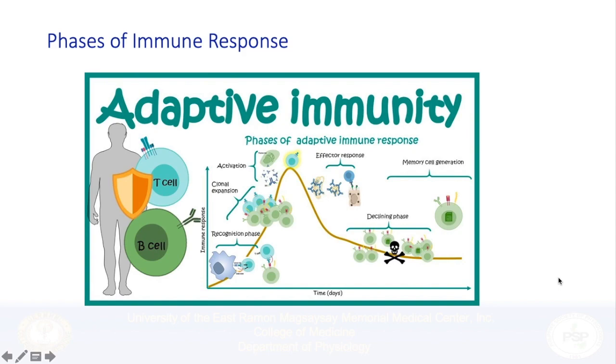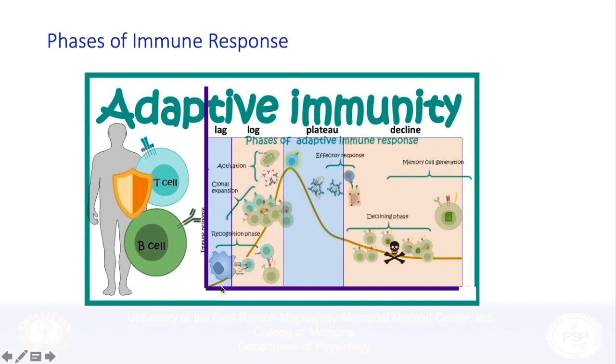Same picture, the phases of the adaptive immune response, together with the processes involved in each phase. Usually at the lag phase, it's where the innate immunity works. There will be phagocytosis of the antigen, and thereby it will be presented to the helper T cell.